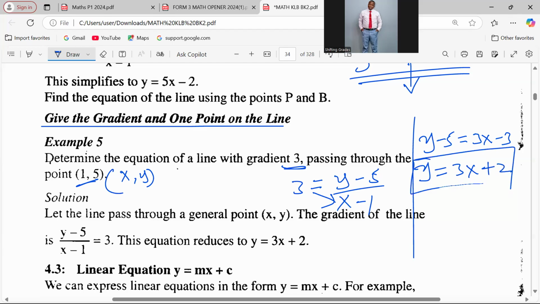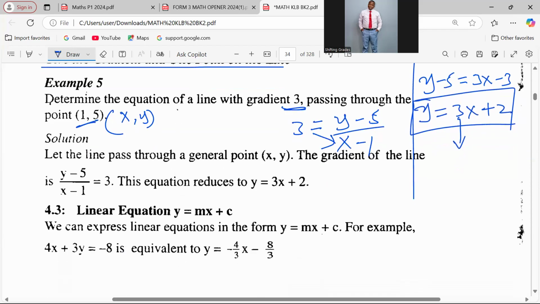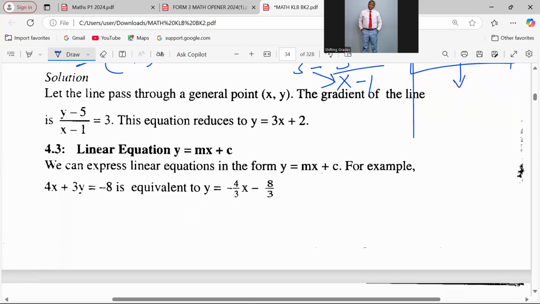See now, at the end of it all, the value of gradient, which is 3, is being found as the coefficient of x in this general equation. And therefore, this means we can draw certain conclusions. Equations of lines are what we call linear equations in the form y equals mx plus c.